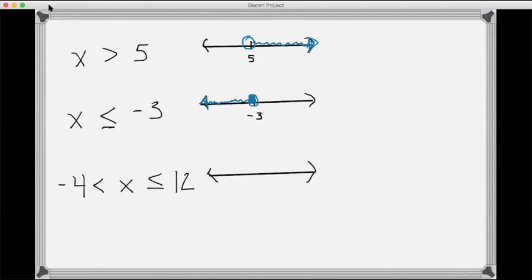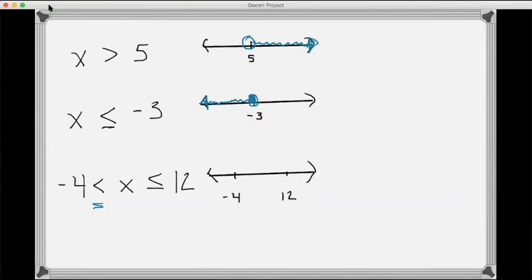Finally, we're going to do this last one, and this is what we call a compound inequality. You see that it has two inequality symbols instead of just one. And so we're going to put a tick mark at -4, and we're going to put a tick mark at 12, and we're going to make our two endpoints. So we want to look at the inequality that's in between the variable and the number that we're looking at.